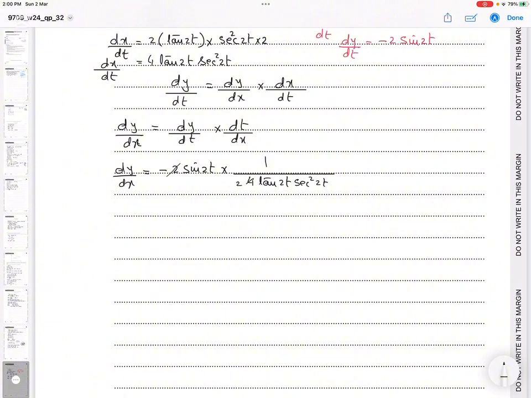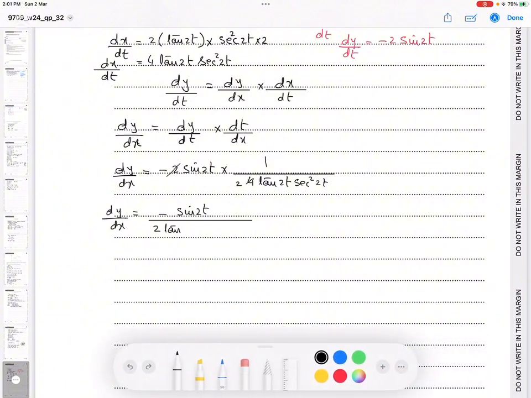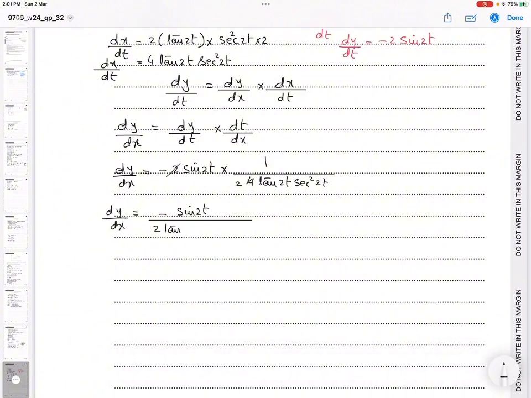2 times 2 is 4, and dy over dx becomes minus sine of 2t over 2 tan of 2t secant square 2t.